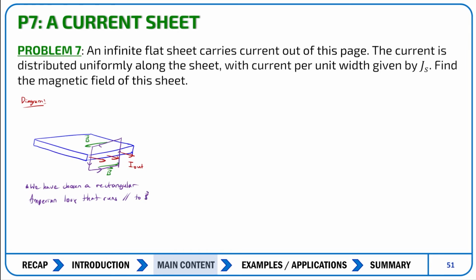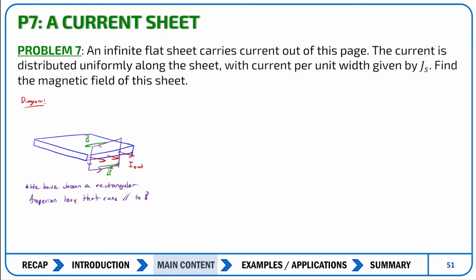Some other things we know: Ampere's law is exactly like Gauss' law, where we have to add up all of the different values from each side of the loop. In the past, we took circular Amperian loops, which is just one circular path.